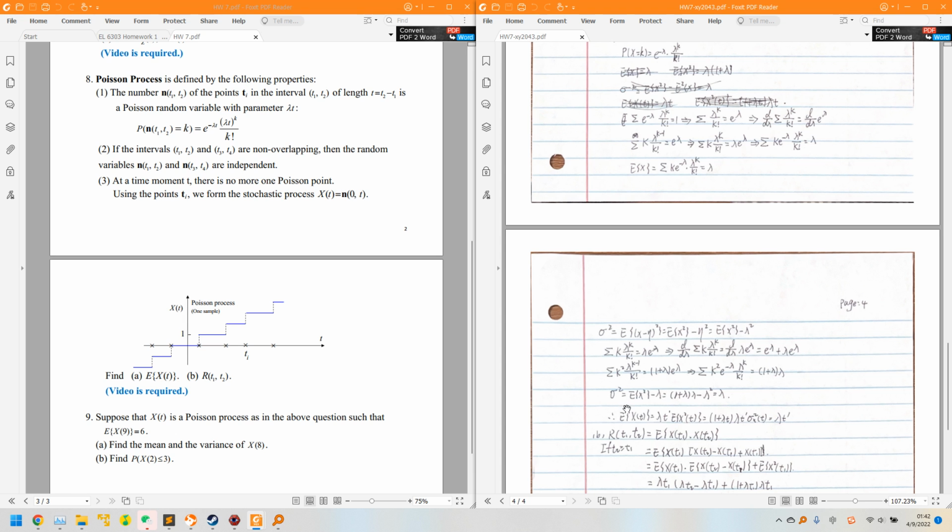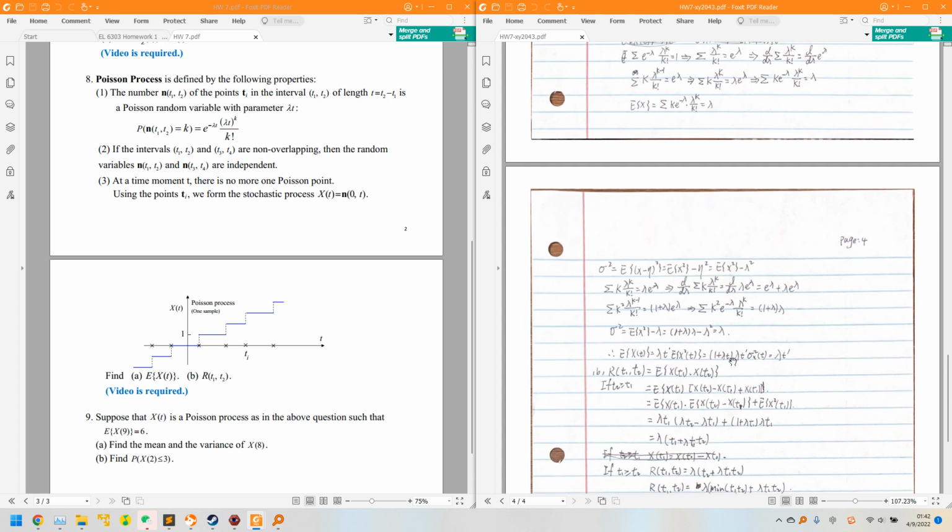So sigma squared is (1 plus lambda) times lambda minus lambda squared, which is lambda. So the expectation of X(t) is lambda t.